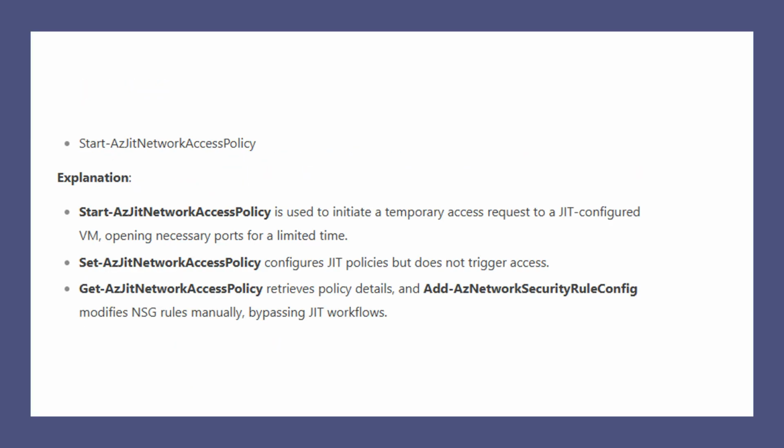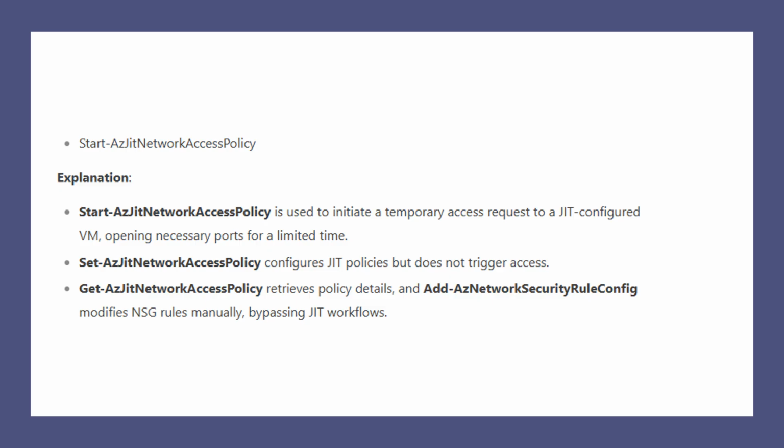The correct answer is Start-AzJitNetworkAccessPolicy. The Start-AzJitNetworkAccessPolicy is used to initiate a temporary access request to a JIT configured VM, opening necessary ports for a limited time.